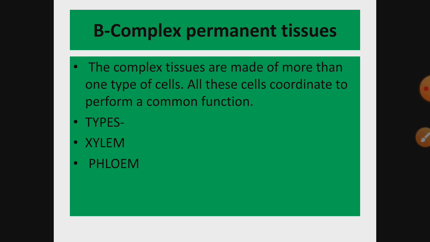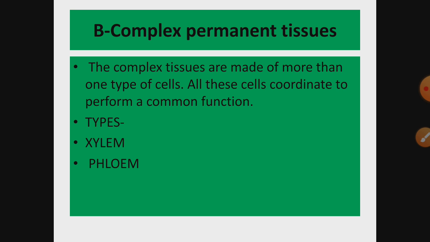In case of complex permanent tissue, all cells of that particular tissue are not the same, they are different, and all cells coordinate, they work together, and they perform the same kind of function.